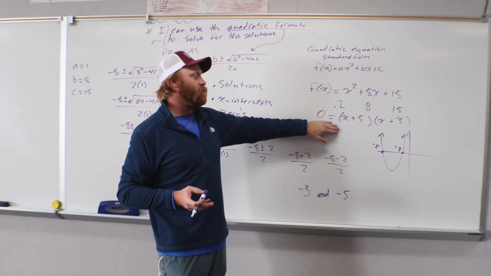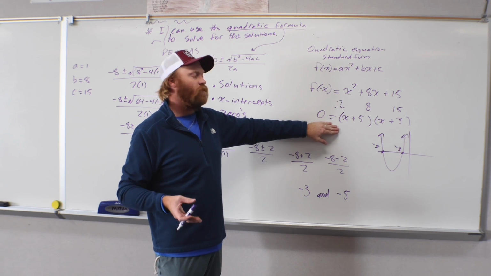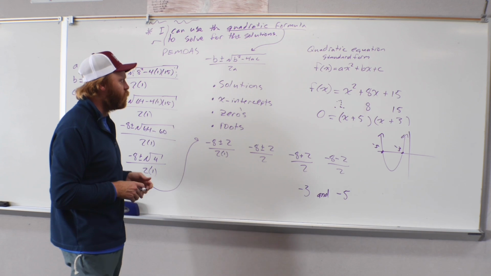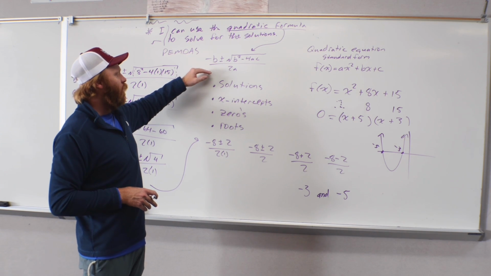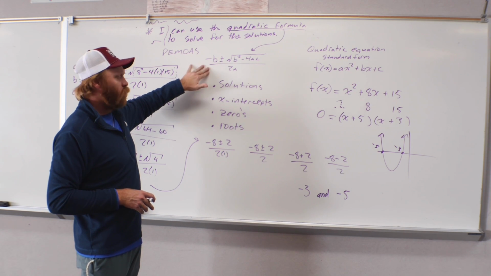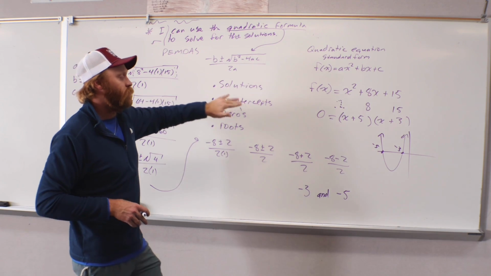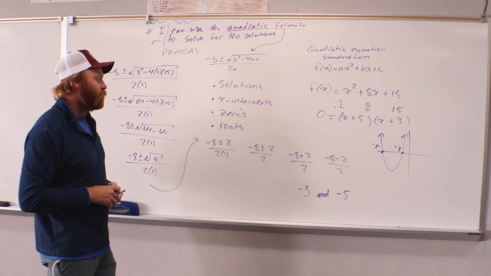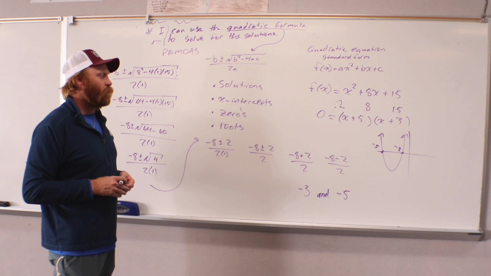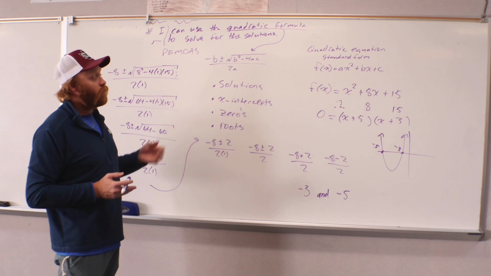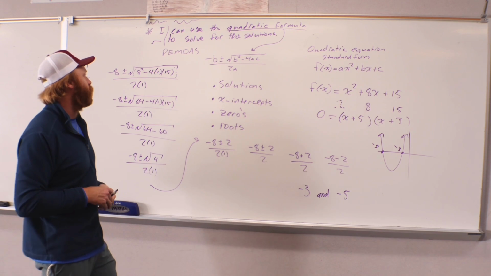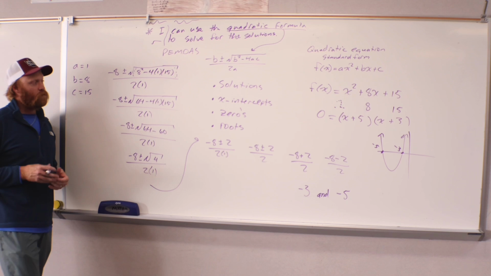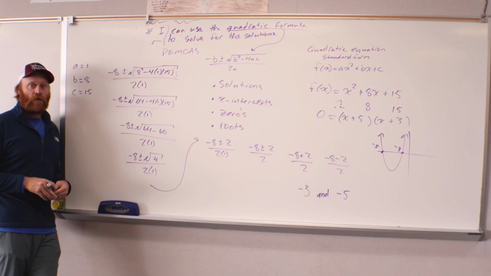Factoring, I would say, is a little bit easier, but it doesn't necessarily always work, so there's a bit of a trade-off there. Also, the quadratic formula works better for getting exact solutions, while that can be trickier with factoring. So those are some of the pros and cons of using the quadratic formula versus factoring. So I can use the quadratic formula to solve for solutions, and there it is.